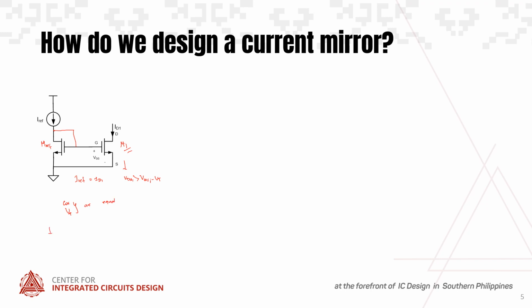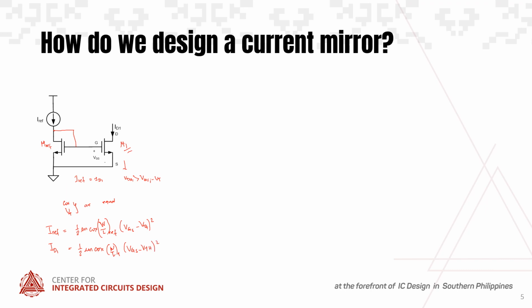So we can say the IREF is equal to 1/2 mu n CUX W/L of ref times (VGS minus VTH) squared. And for the ID1, we have 1/2 mu n CUX W/L of 1 times (VGS minus VTH) squared.